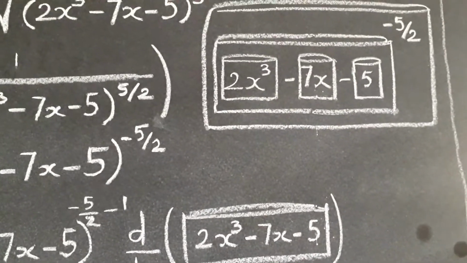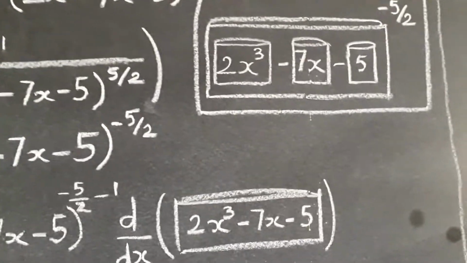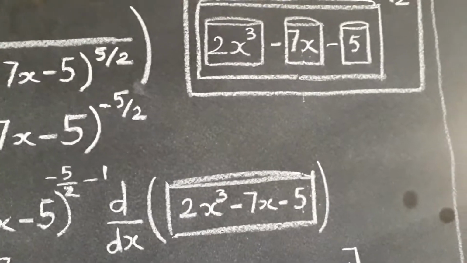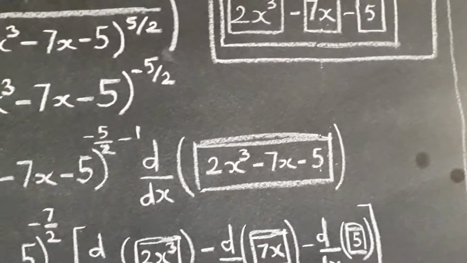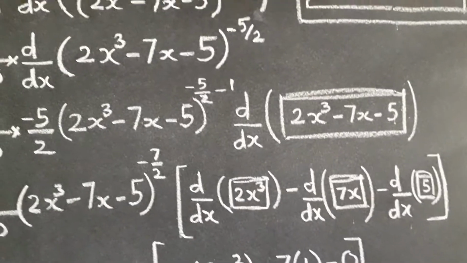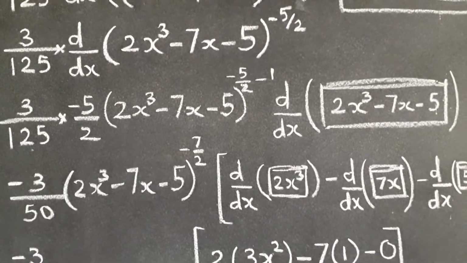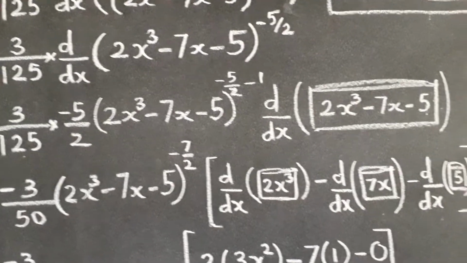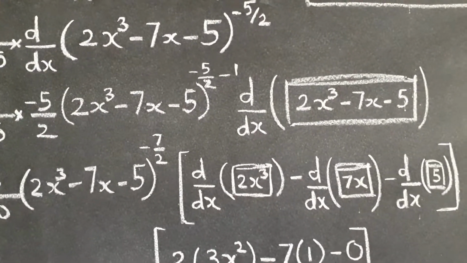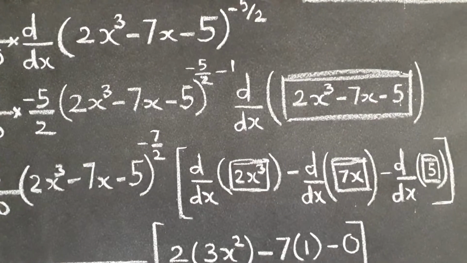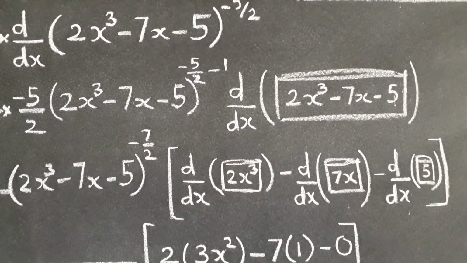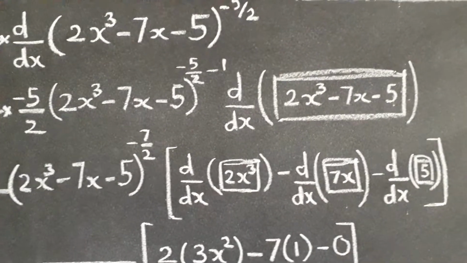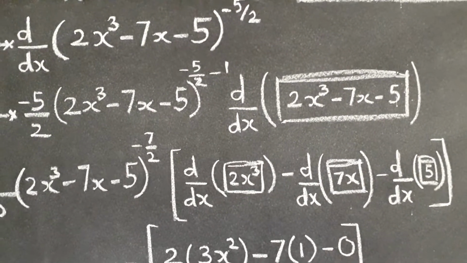So you can see that the number of terms are there, and we apply the addition or subtraction rule accordingly. In the next expression we write it as d dx of the smaller box minus d dx of the second smaller box minus d dx of the third smaller box. This is how we open the inner box.